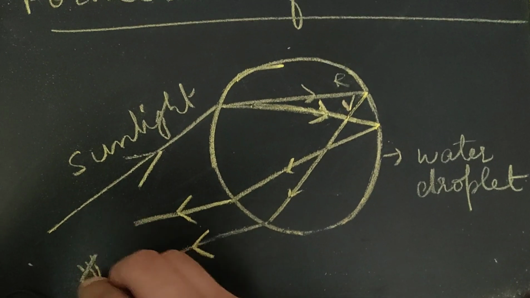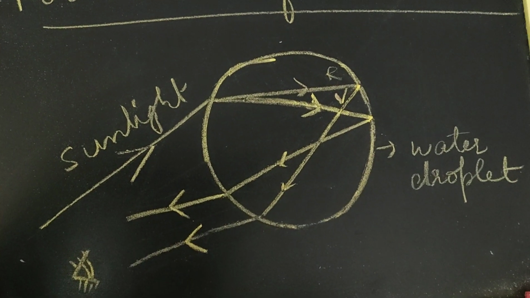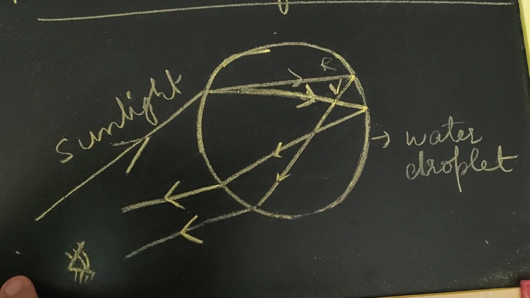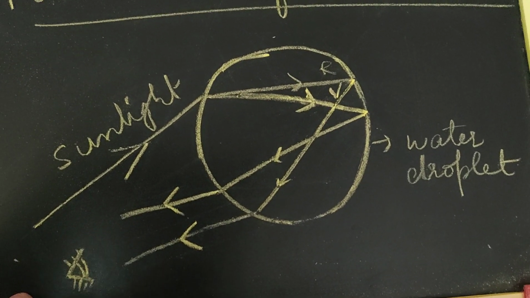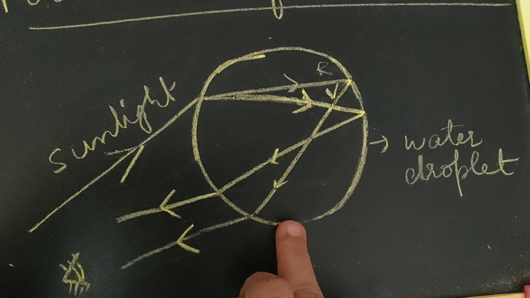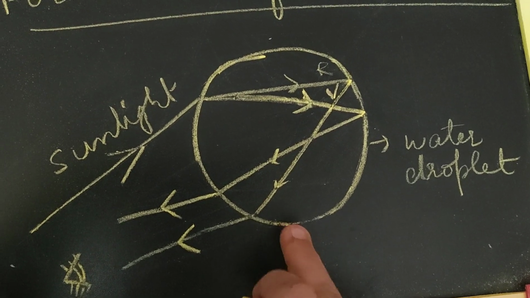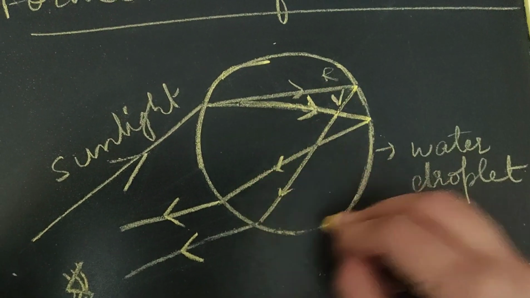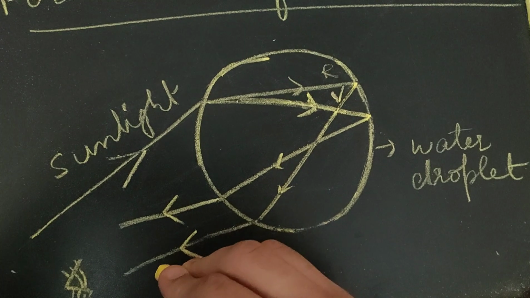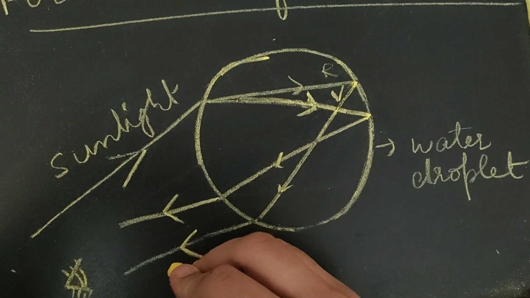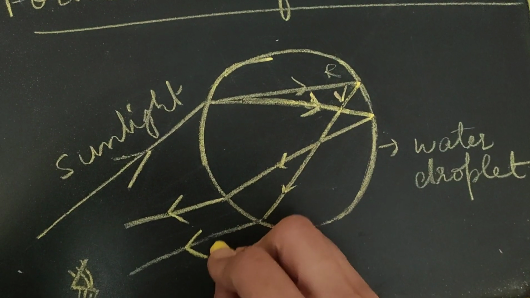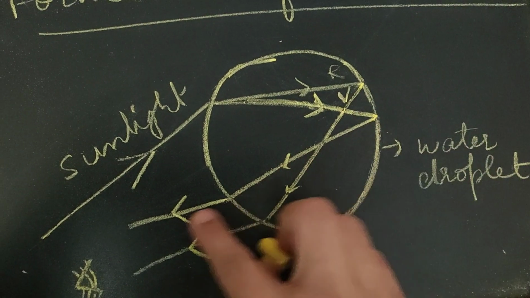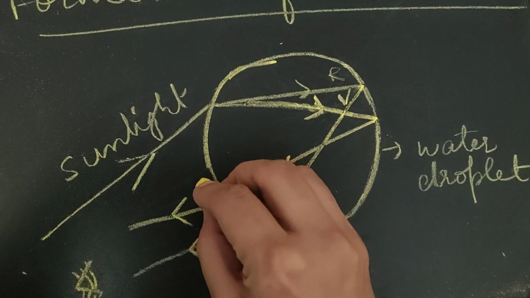Remember again, the observer is having the sun on the back side. The sun is behind the observer and the rainbow will be seen in front. So from each droplet, the 7 colors are emerging out. This lower one is the red and this upper ray that is coming is violet.